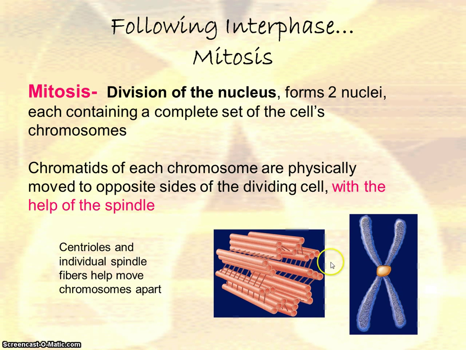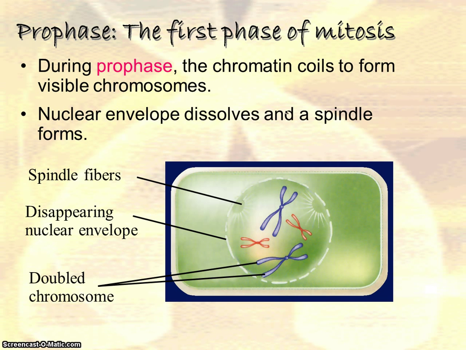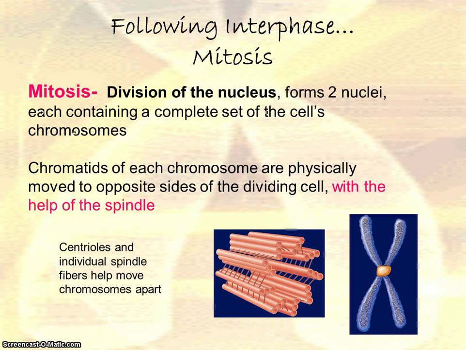Remember, there are centrioles, and we've talked about those before, that will form within the cell, and they're going to be used to help separate these chromosomes into the right nuclei. Okay, so let's get into the stages of mitosis and how this works.